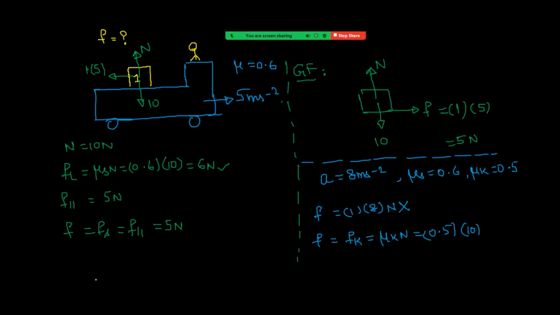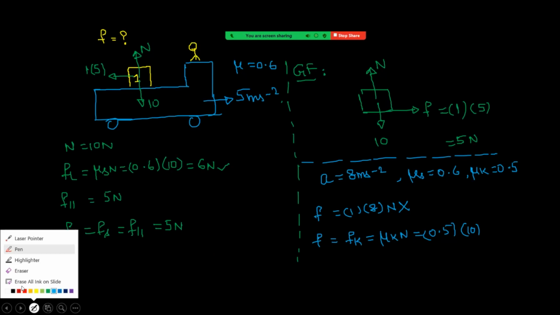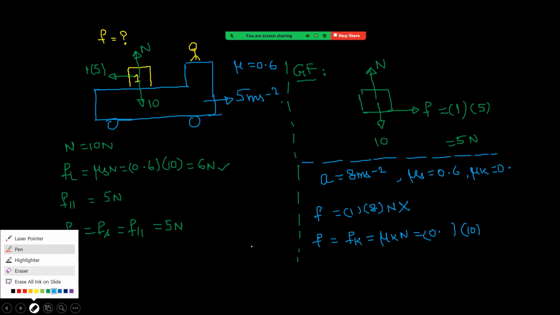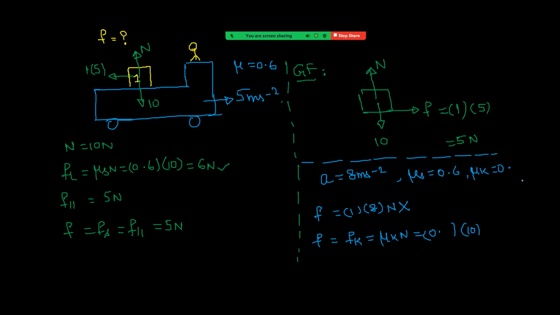Let us take a different value to avoid confusion. Let us take mu k different value. Take mu k value 0.4. Then this is 0.4. That means now friction is a kinetic which is equal to 4 Newton. So I hope you got a clarity.